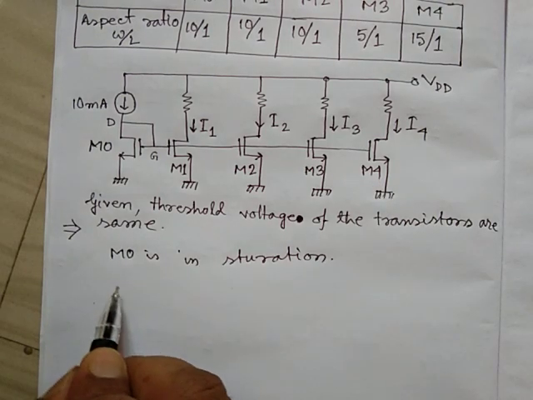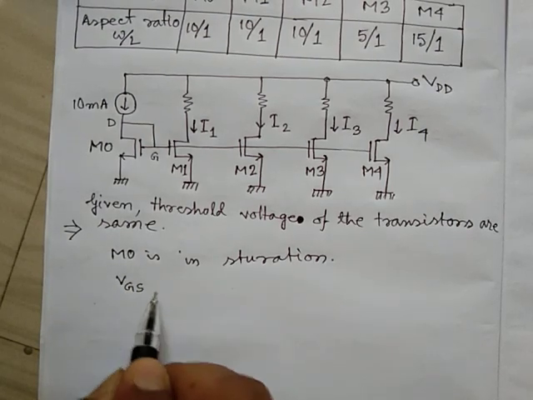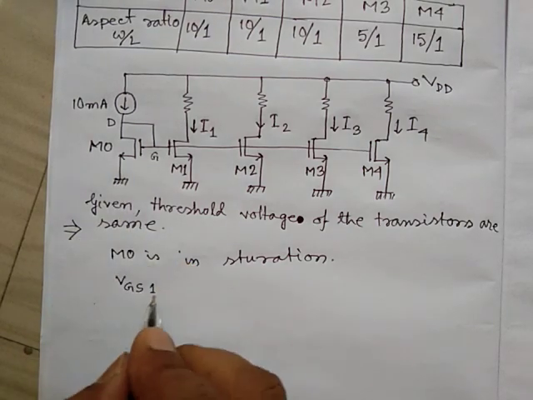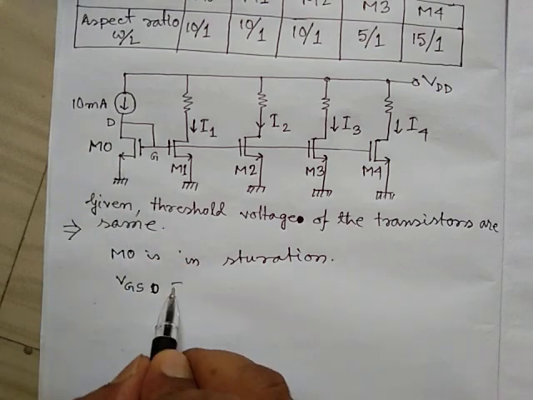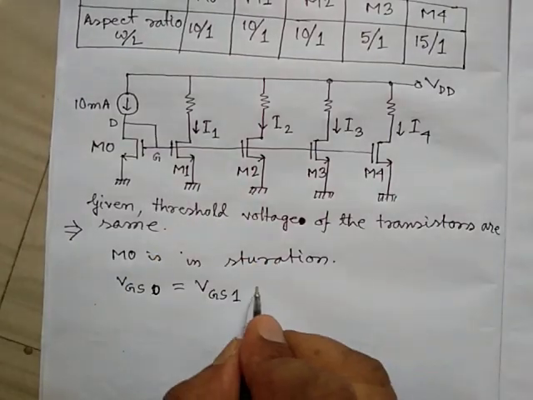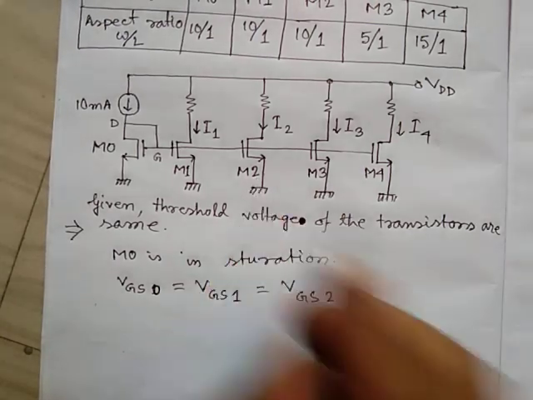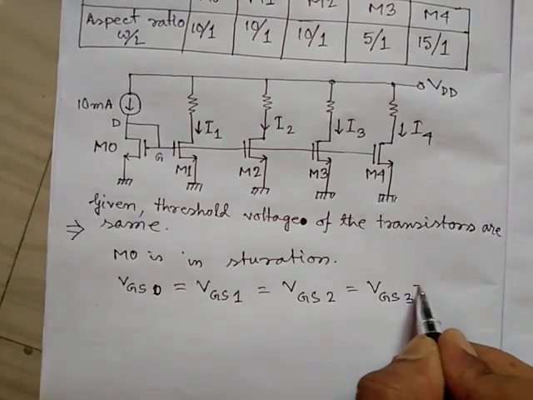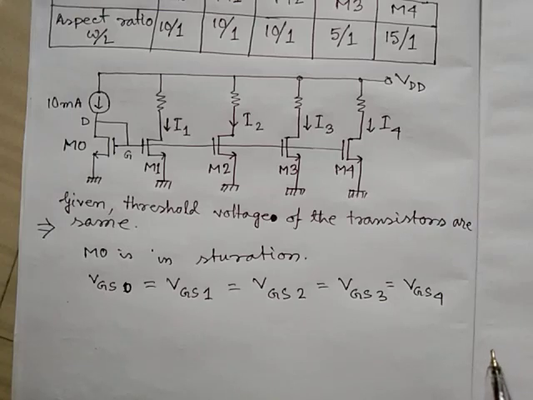So we can write VGS of M0 transistor equals VGS of M1 transistor equals VGS of M2 transistor equals VGS of M3 transistor equals VGS of M4 transistor.